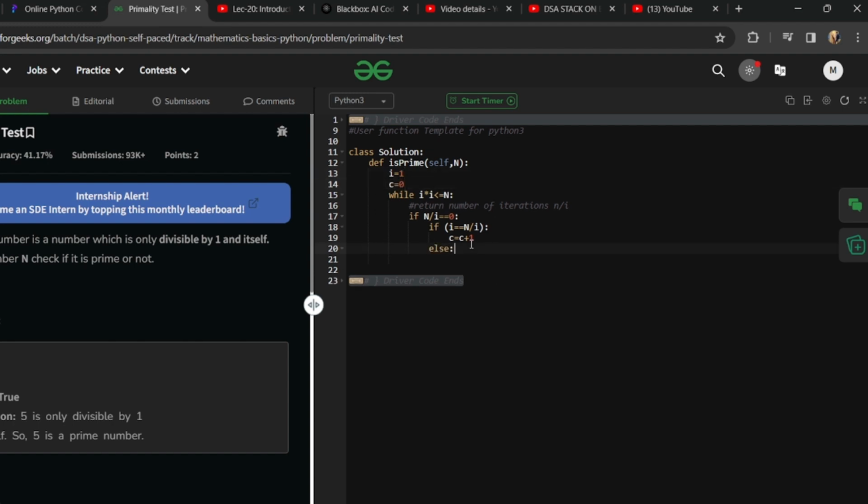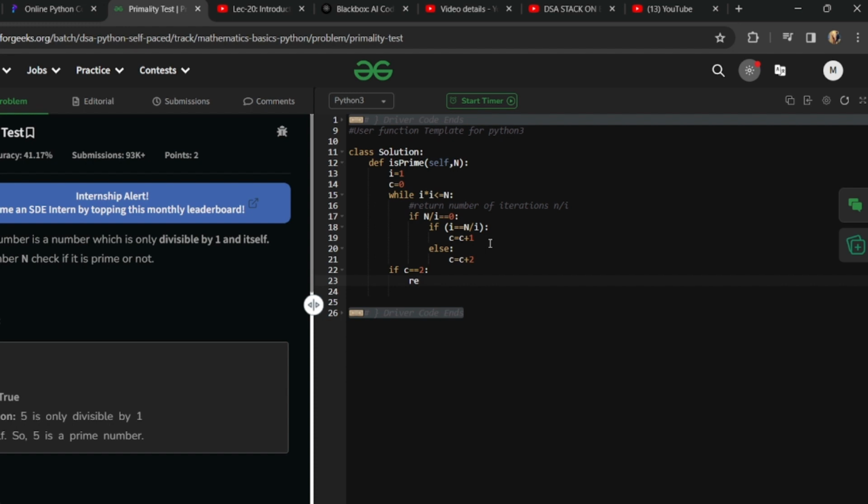Else, if we have two different factors, then c equals c plus 2, because we have two factors in each division other than the same pairs. Then after the end of the loop, we will check whether c equals 2.